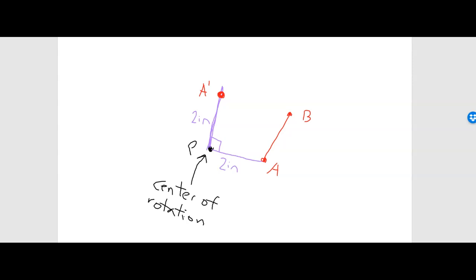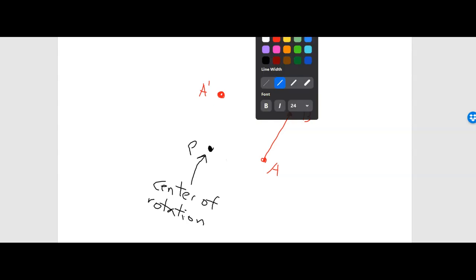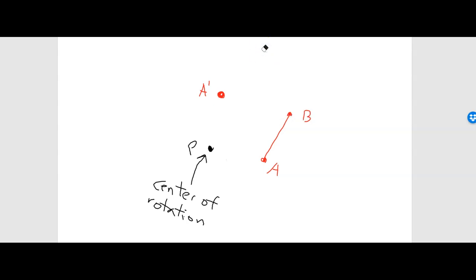Then you could erase these lines if you wanted to, because I don't need them anymore. And I would do the same thing with B. I would measure from B to my center of rotation. I would create a 90-degree angle, because I'm rotating 90 degrees. And let's say this length was 4 inches.